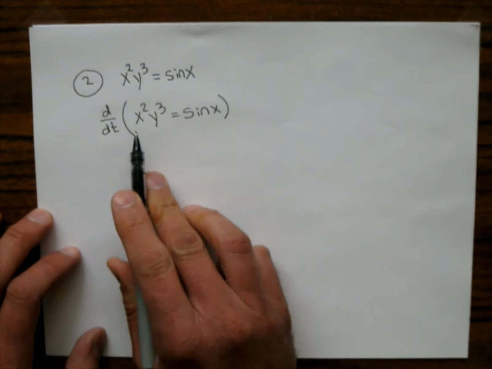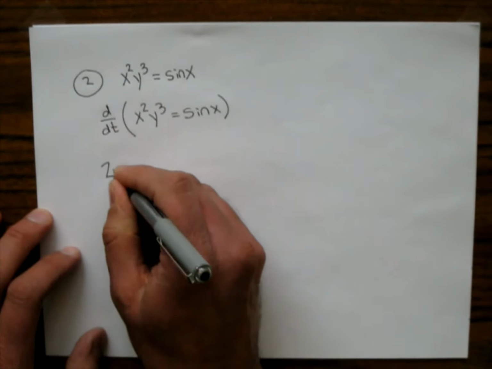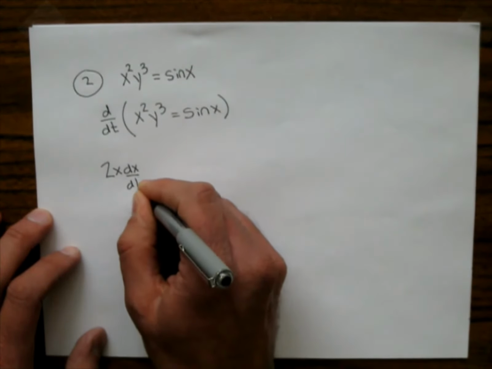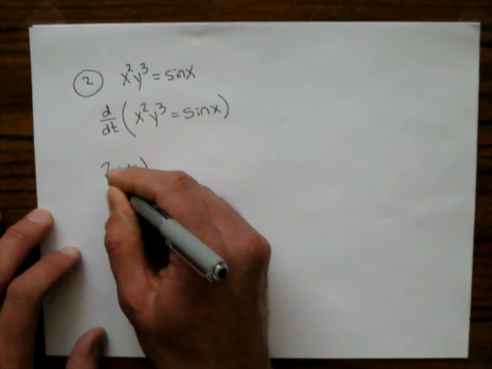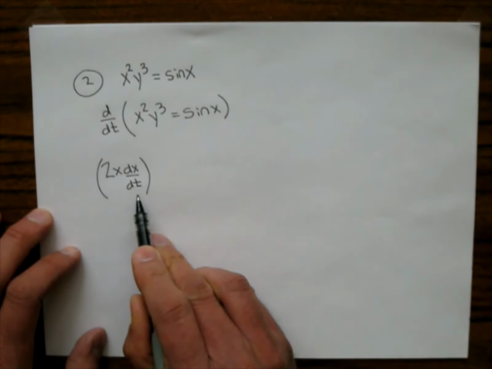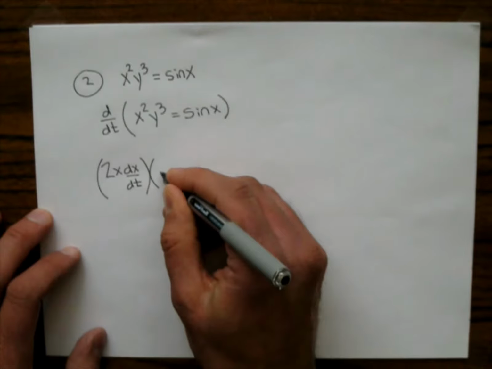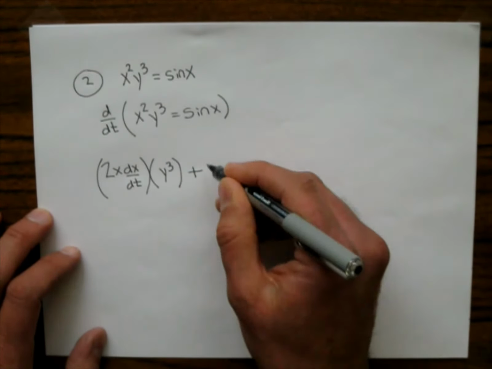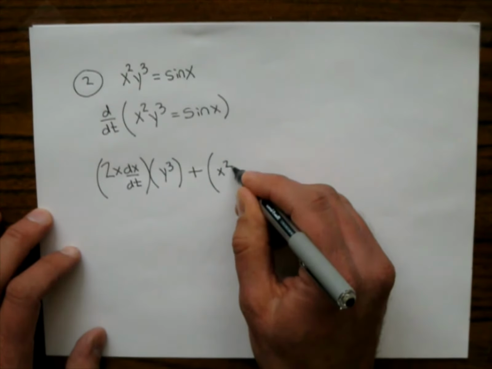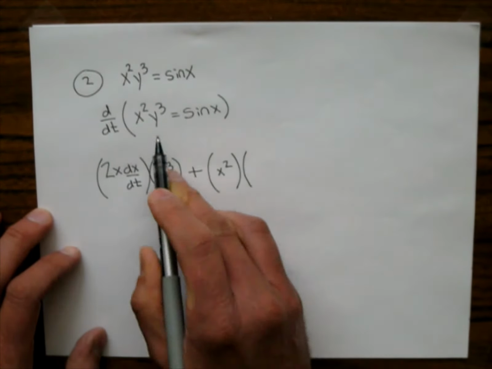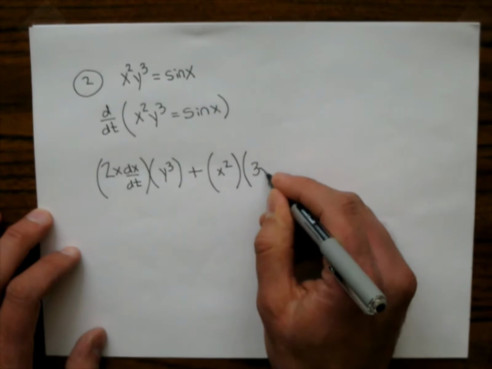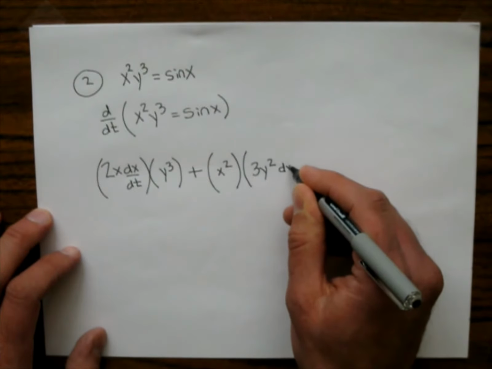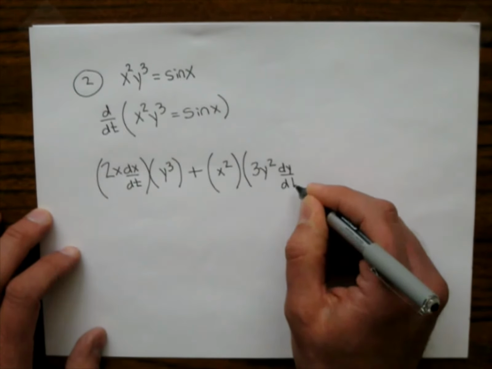The product rule says the derivative of the first, 2x, and then you have to put a little marker here, dx dt. That's the derivative of the first. Now remember, this is with respect to t, times the second, plus the first times the derivative of the second, 3y squared, and then dy dt.